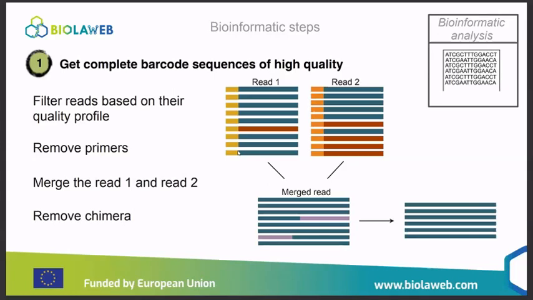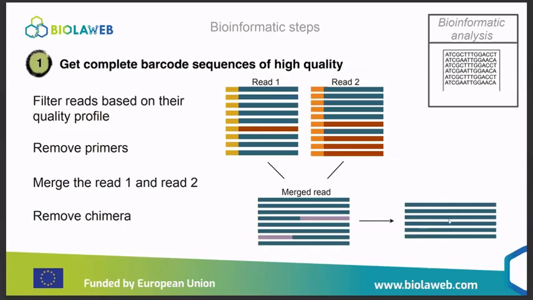And then you merge the reads to reconstruct the full barcode sequence you want. And it is also at this step that you remove chimeras that you created during the PCR, which is an unavoidable thing that occurs. And then at the end, you have sequences of good quality without chimeras.